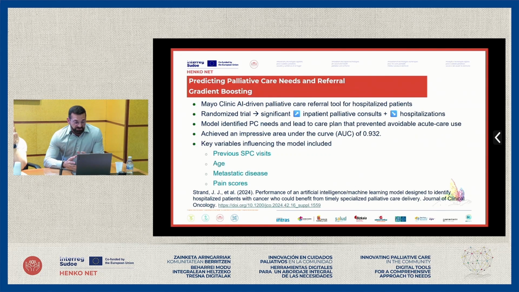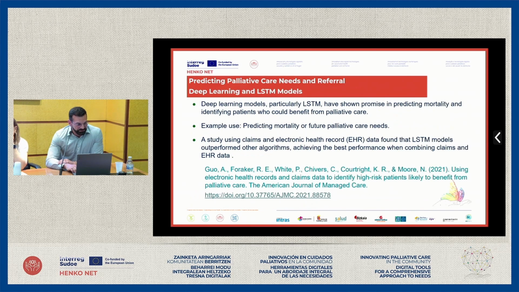So I just indicated to you the key variables on which this model is based: some previous specialized palliative care visits, age, metastatic disease, and pain score. So this is an interesting model to follow. I think it will evolve in the next years.